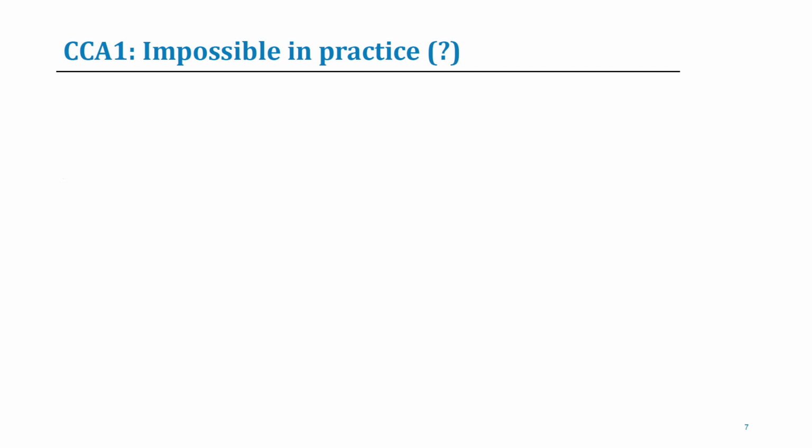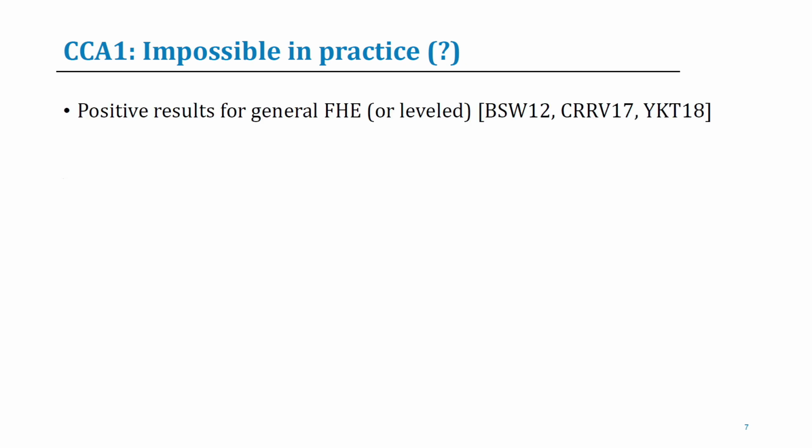Okay, so what about CCA1 for FHE schemes? Well, there are some positive results for general FHE, and by this I mean FHE schemes that do not use bootstrapping. And this is quite impractical because we don't really know how to actually get schemes like this, apart from maybe leveled FHE schemes. But okay, this is maybe not quite satisfactory.